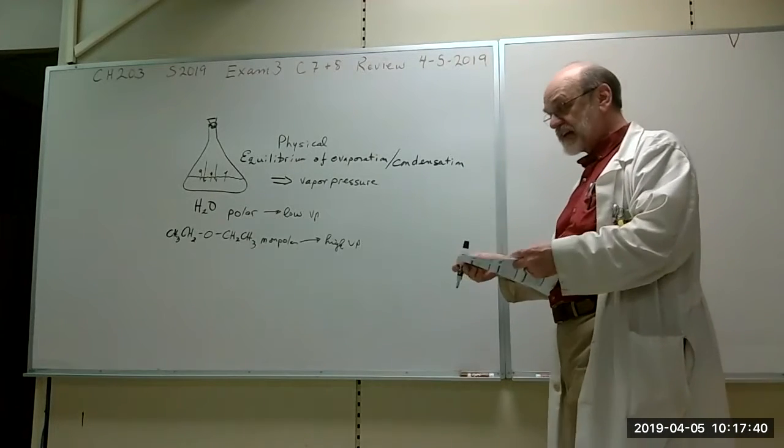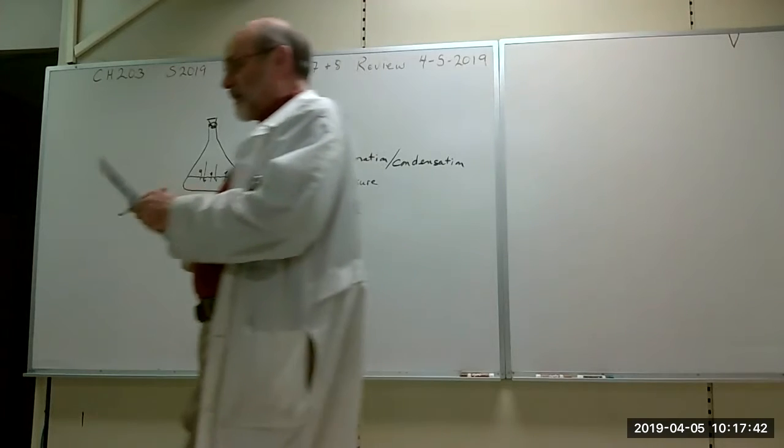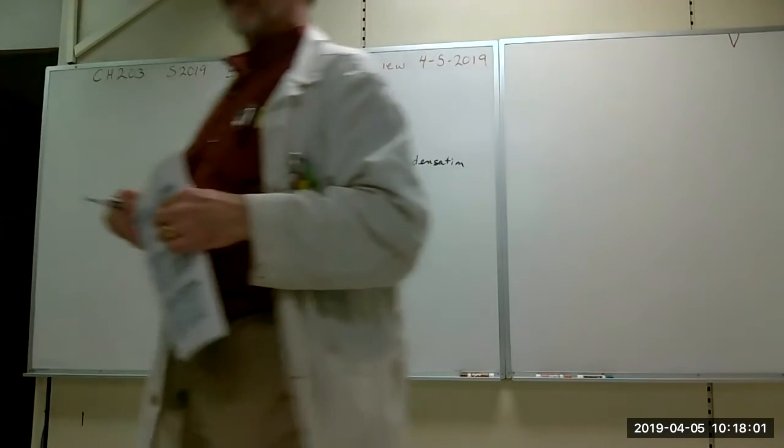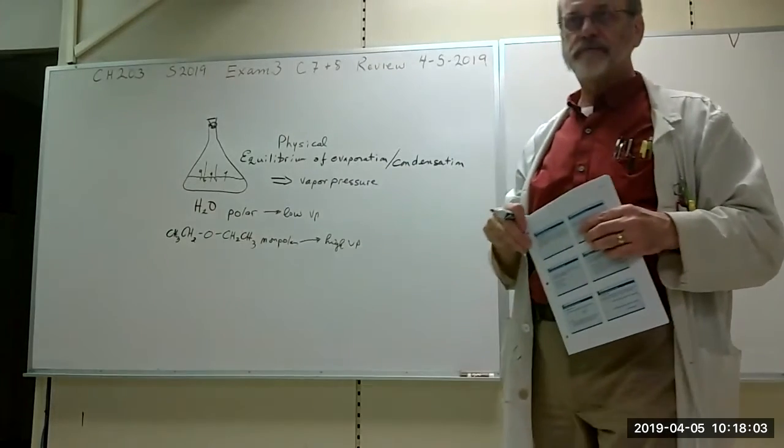So what does it take to be polar? Put simply, one atom bound to another atom have to come from different parts of the periodic table. The farther they are apart, left to right, top to bottom, the more polar the bond. That is, the more uneven the distribution of electrons.